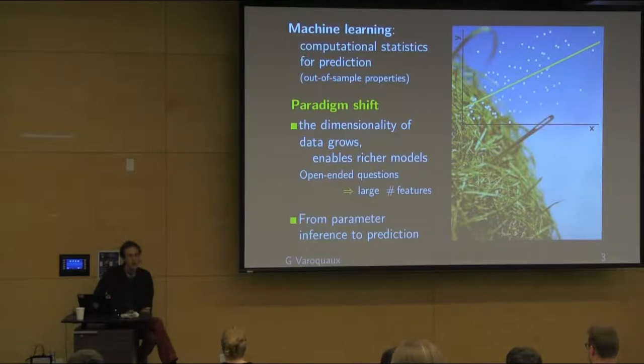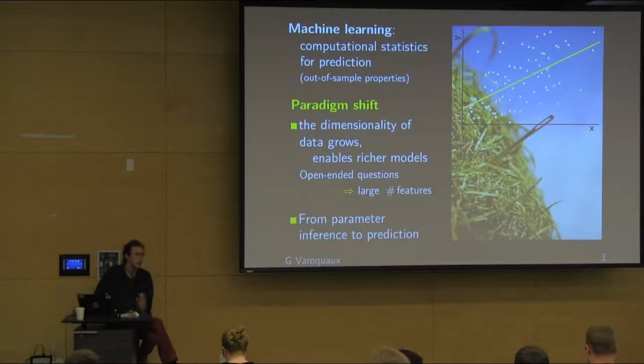Yeah. Okay. So really the difference I'll make between machine learning and standard statistics is that standard statistics, for good reasons, will break down when you have a large number of features. It works well when you have a small number of features, whereas the methodology of machine learning can be applied with a large number of features.